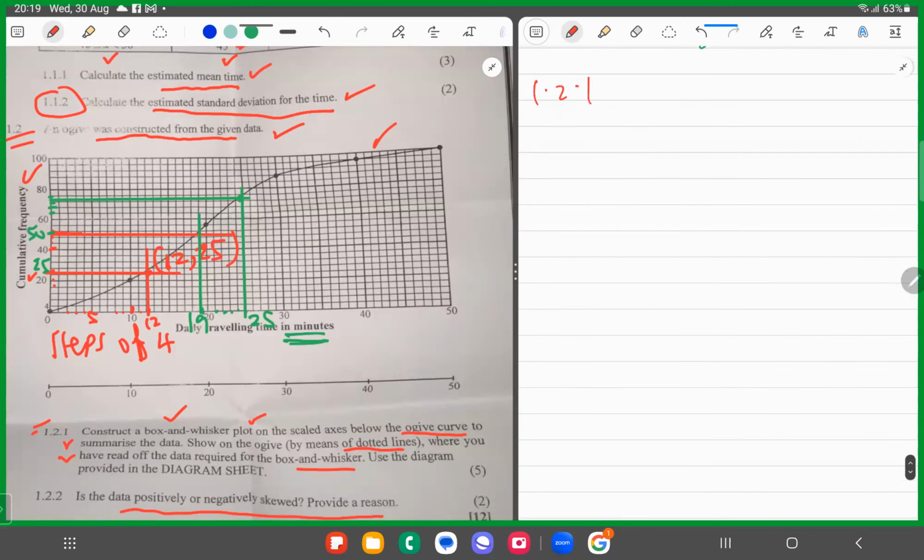1.2.1, when you answer it, is the 5-number summary. Right, so what is the 5-number summary?